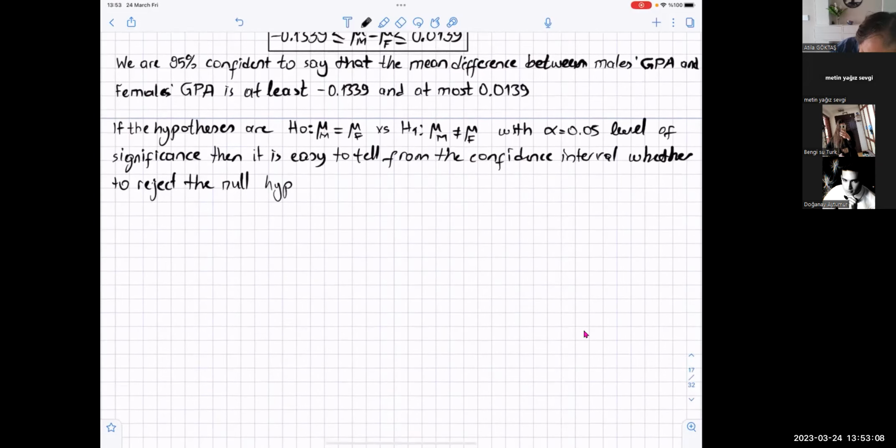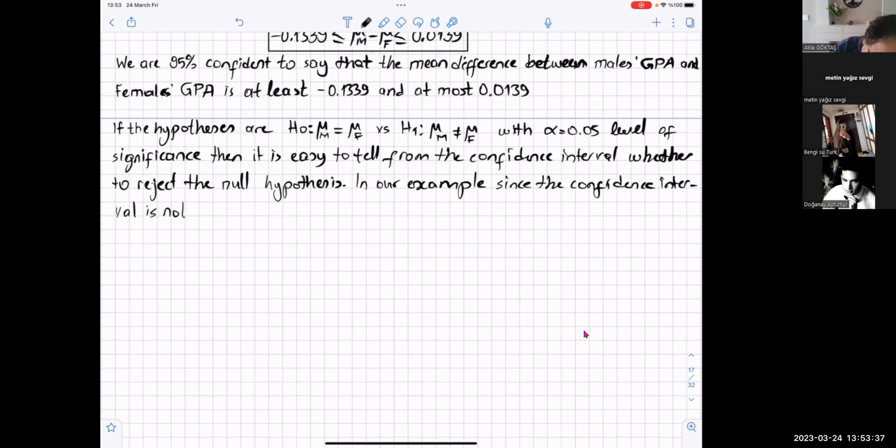In our example, since the confidence interval is consisting of the zero value, we do not reject the null hypothesis.